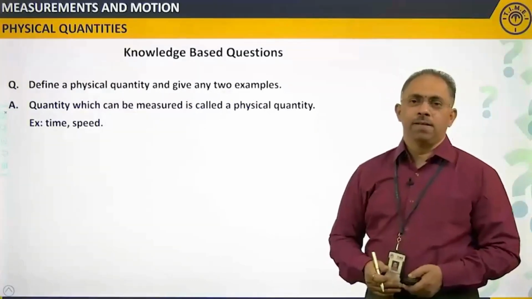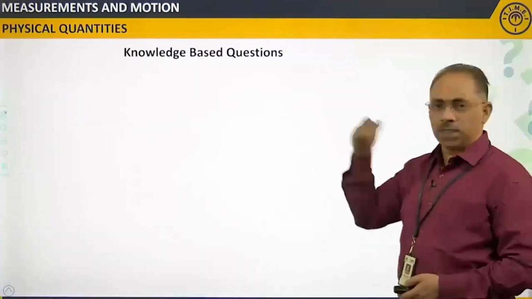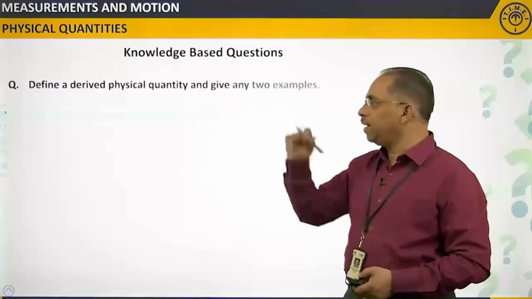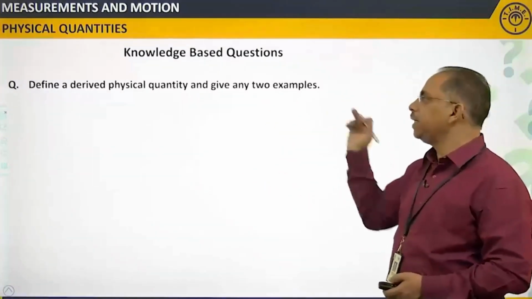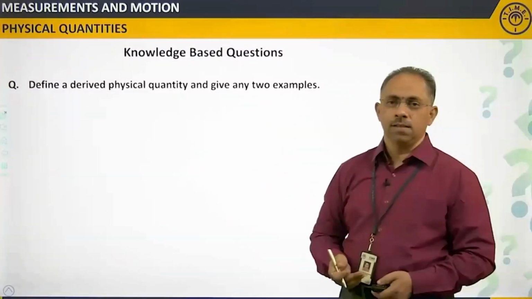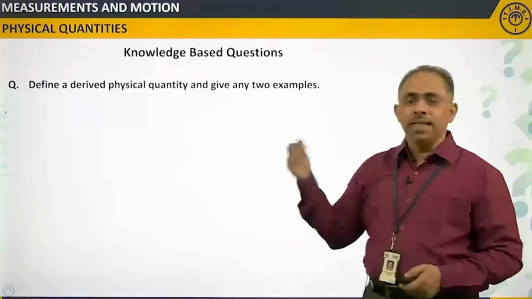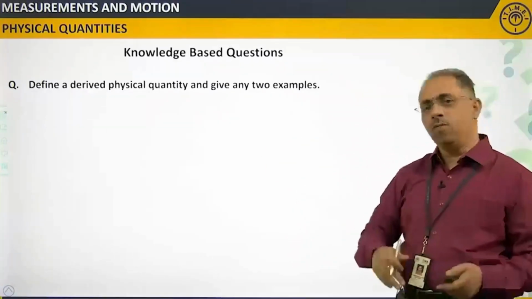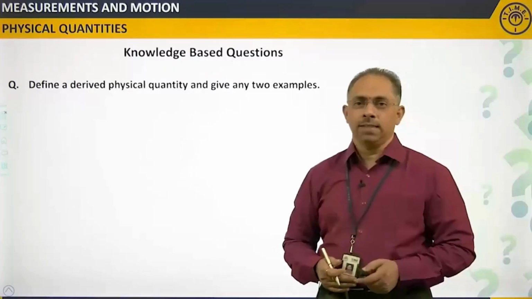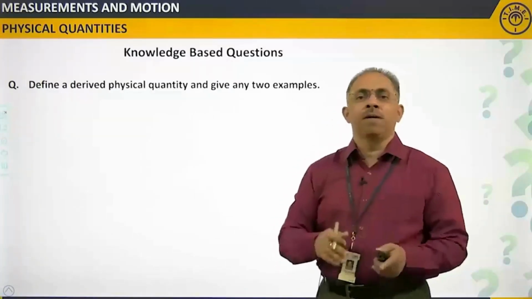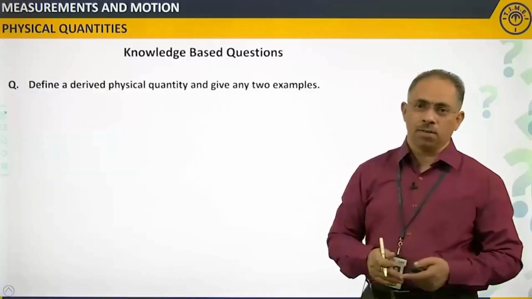Let us move on to the next question. Define a derived physical quantity and give any two examples. Now, what is a derived physical quantity? We know what is a fundamental physical quantity, right? Its measurement does not depend on the measurement of other physical quantities.